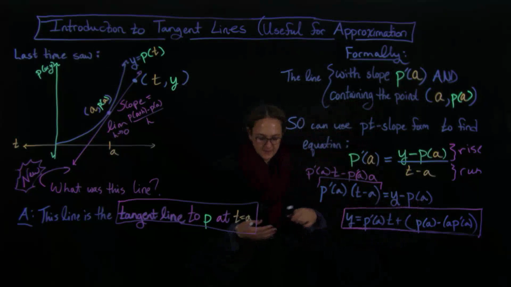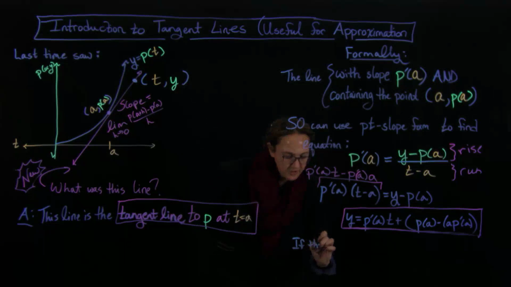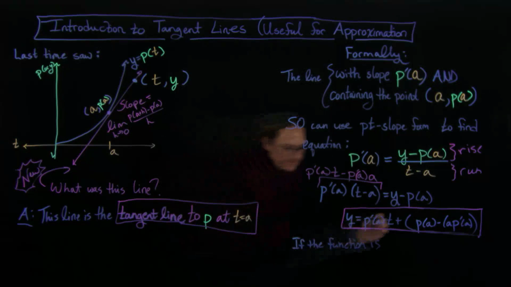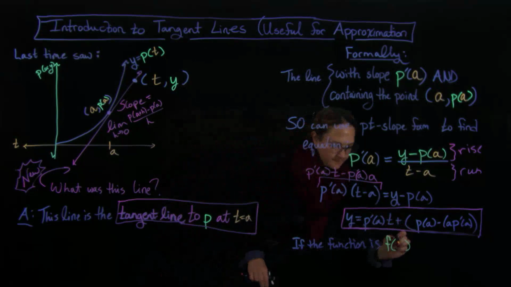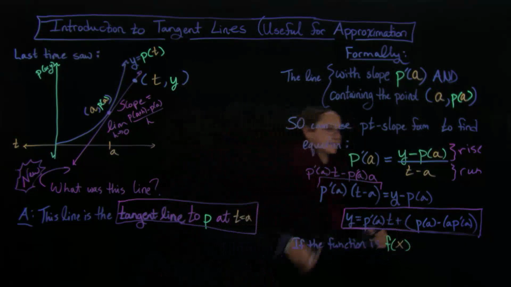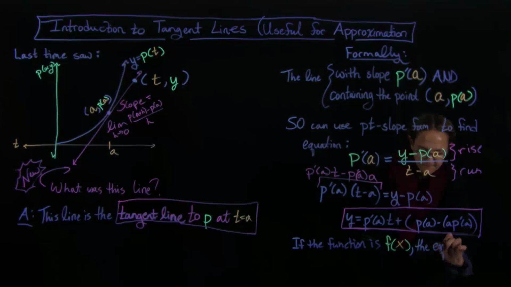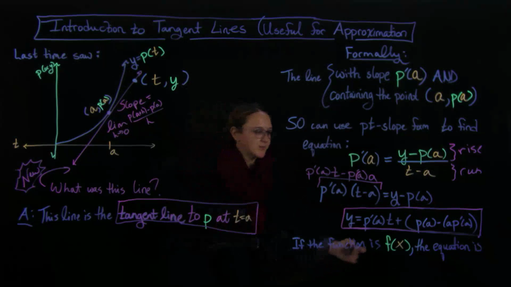Okay, so if the function is instead f of x, then what do we get? The equation is, okay, so here's the equation when it's a more typical circumstance where my input is x and my function is f.